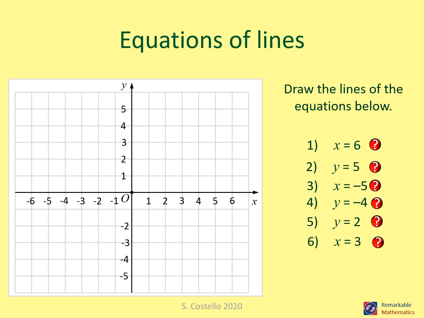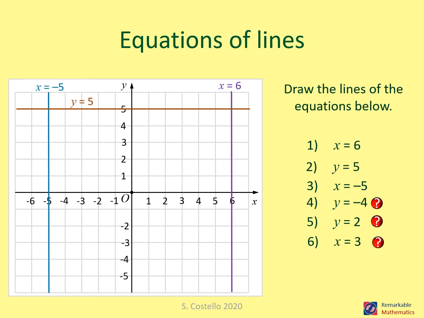Right, hopefully again you haven't had too much problem with that. So the first line, x equals 6, a vertical line passing through 6 on the x-axis. Question 2, y equals 5, a horizontal line passing through 5 on the y-axis. Question 3, x equals -5, a vertical line passing through -5 on the x-axis.